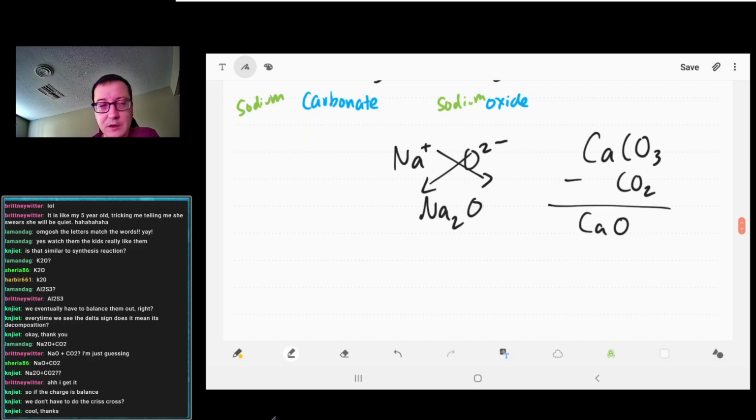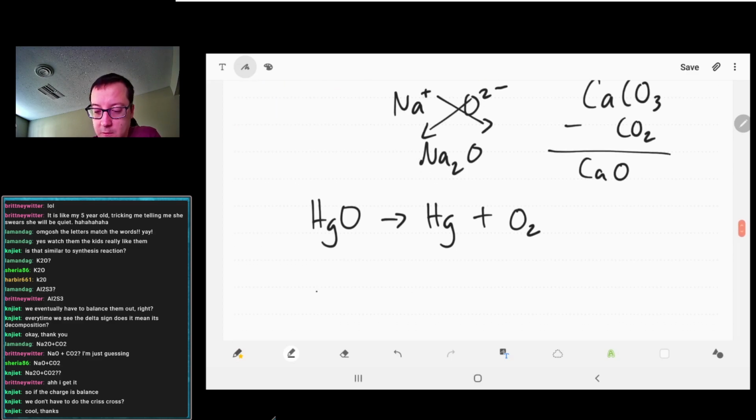Certain oxides will also decompose if you heat them up. For example, if you heat up mercury 2 oxide or silver oxide, you will get the metal out plus oxygen.